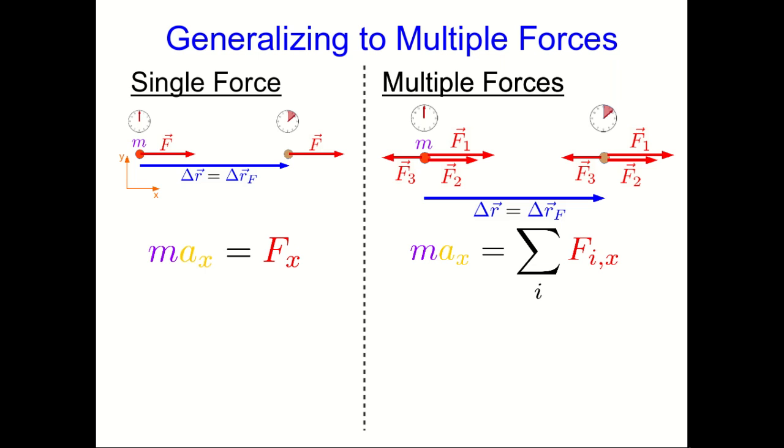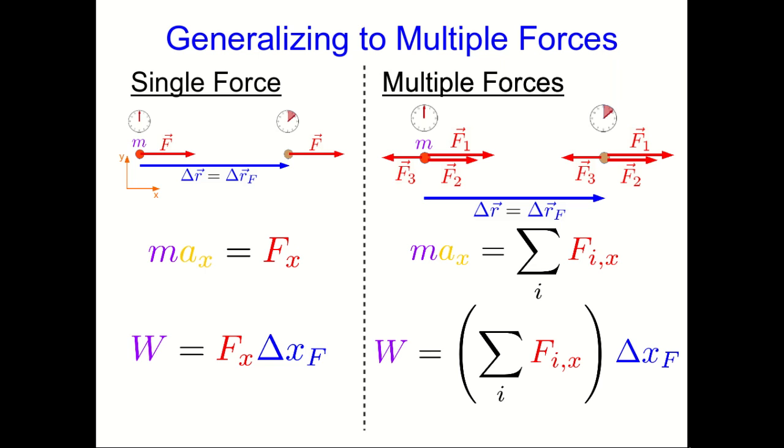And that'll be the same whether we have one force or multiple forces, as long as the forces are constant. And so our final work expression is going to be exactly the same, except with the single force component replaced with a sum of force components. And so this equation is useful enough it deserves a name, and we'll call it the work equation.